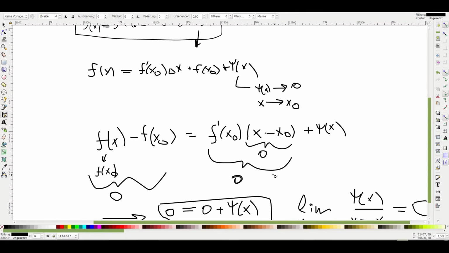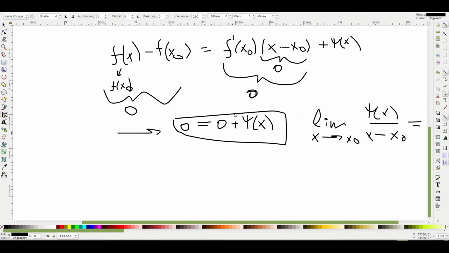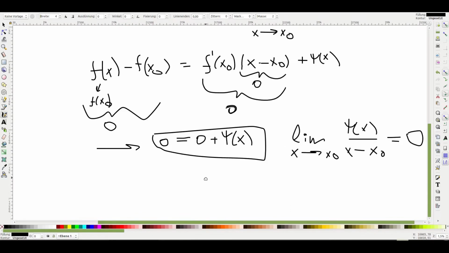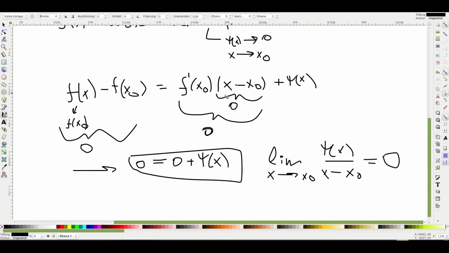Now how do we show this? In a similar fashion, maybe I don't want to write this whole thing, so what we just do here, we divide by this delta x, and then we get this first derivative of f at x0 over onto this side of the equation.